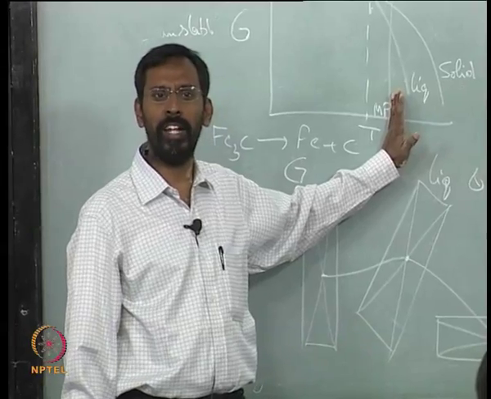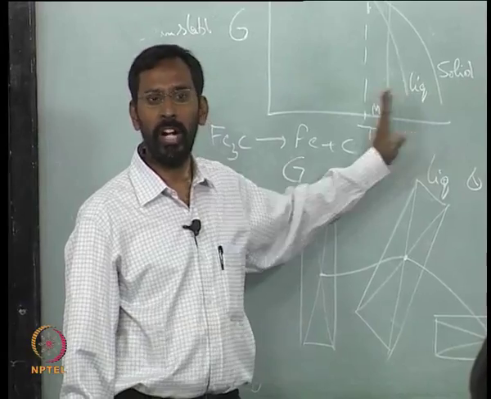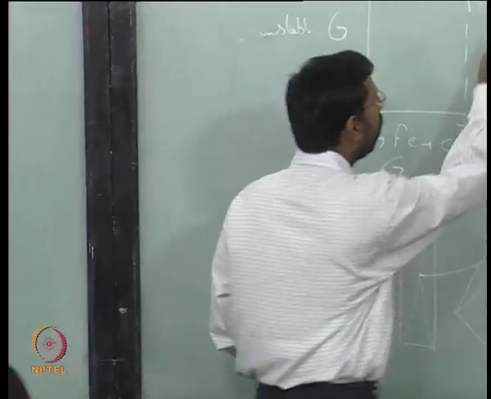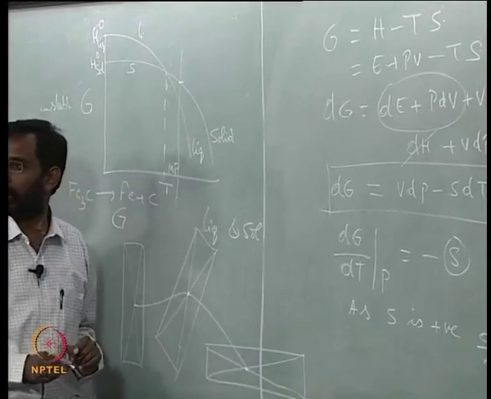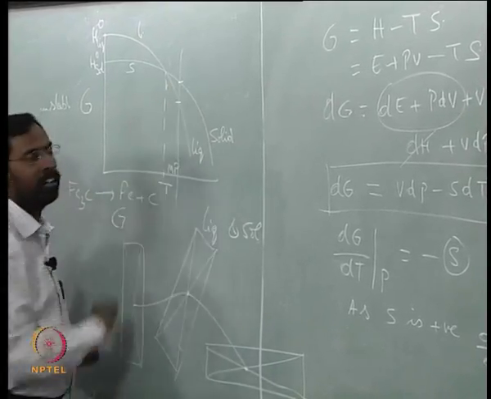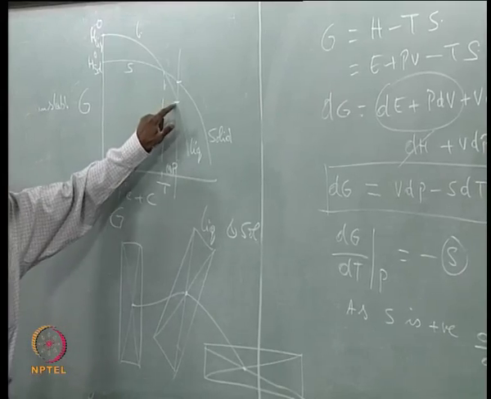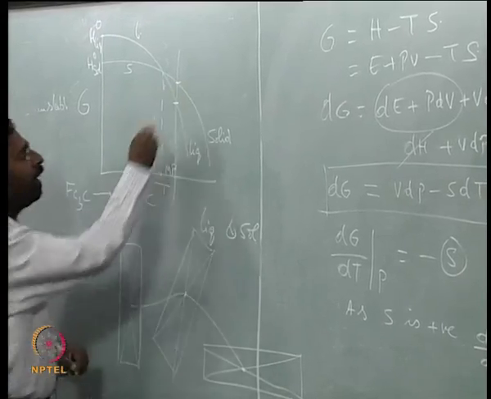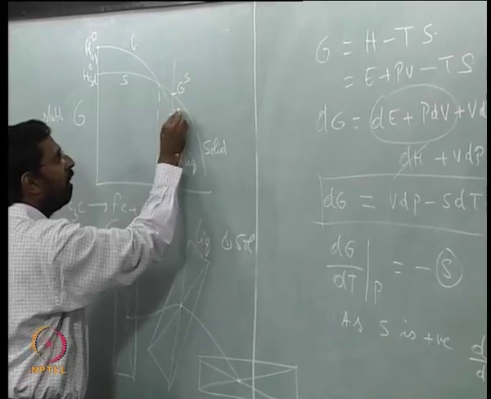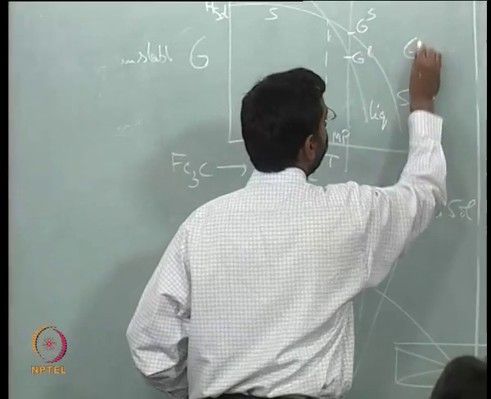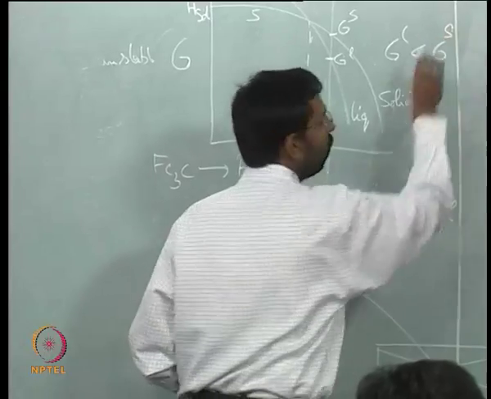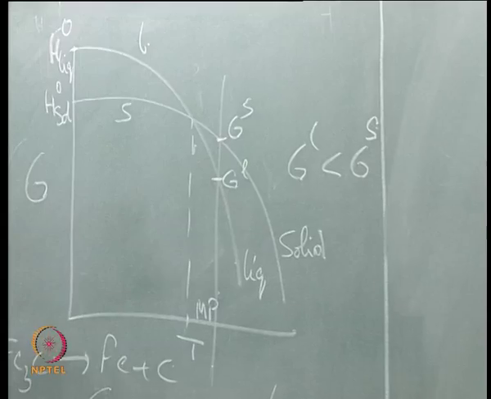What should happen? It should become a liquid. Why? Because the solid has this free energy at that temperature, and the liquid has this free energy. So the liquid has a lower free energy than the solid. I can call this GS and this GL. GL is lower than GS, so in principle the solid should become a liquid.